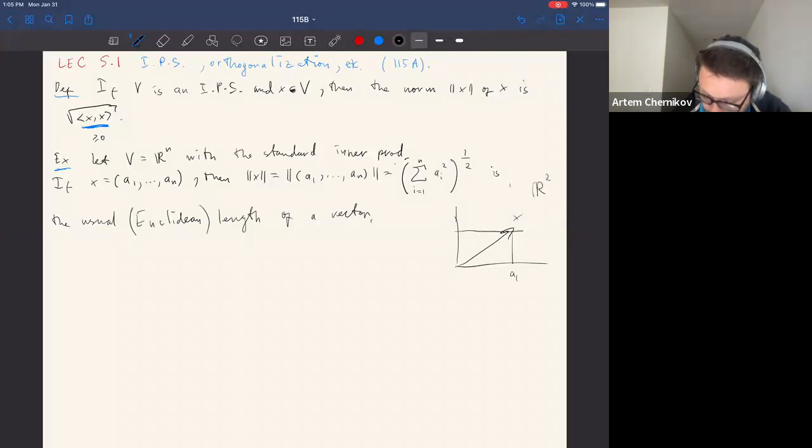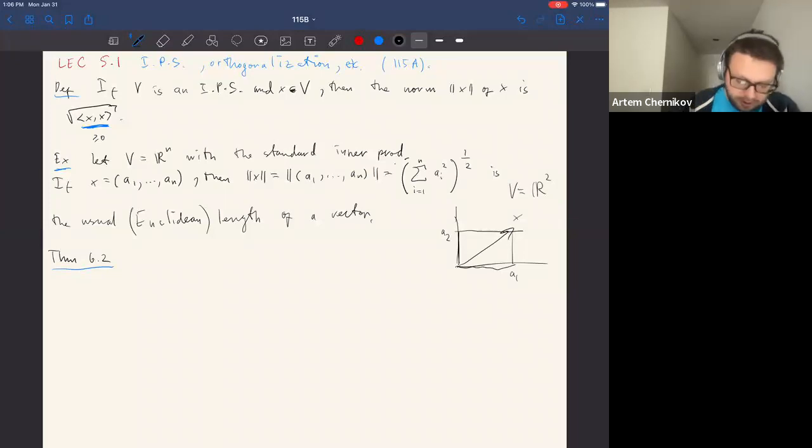This is the case R^2, with a1 and a2, and the length is given by the square root of the square of a1 plus the square of a2. This is a standard example, but our definition makes sense in any inner product space, so it's more general.